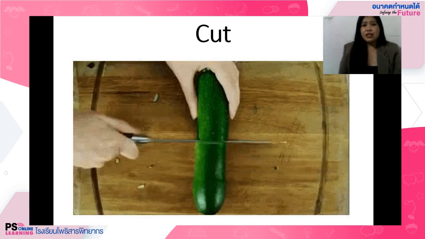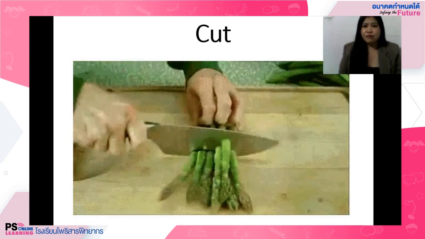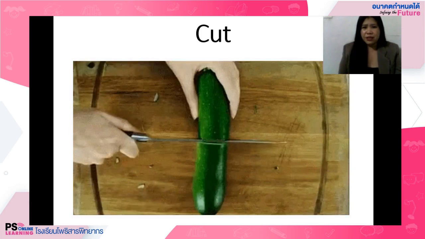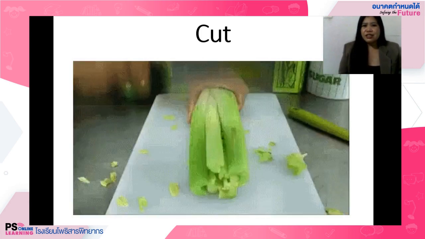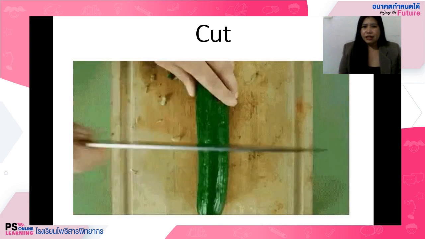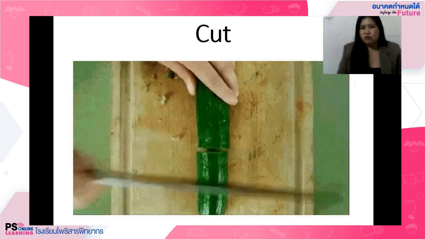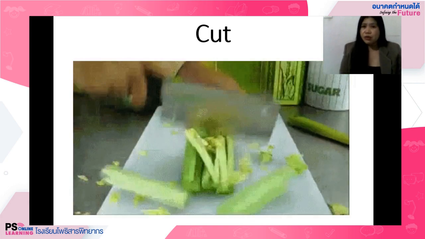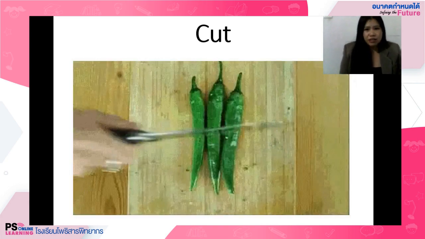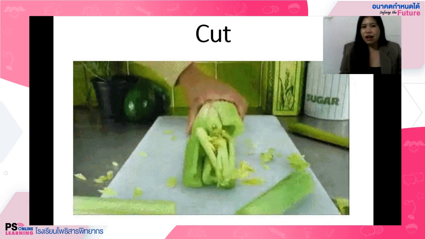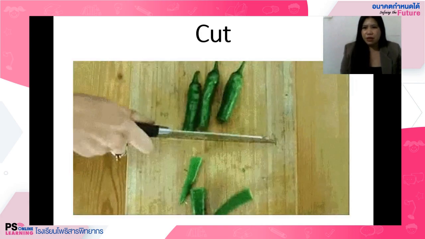If you're going to look at the animated photo or the short video clip like here, you're going to see different ways of cutting. But I don't want you to think of any other words anymore. If you know them, you can use them. But if you say cut for everything that you have to use a knife for, it's okay for me.